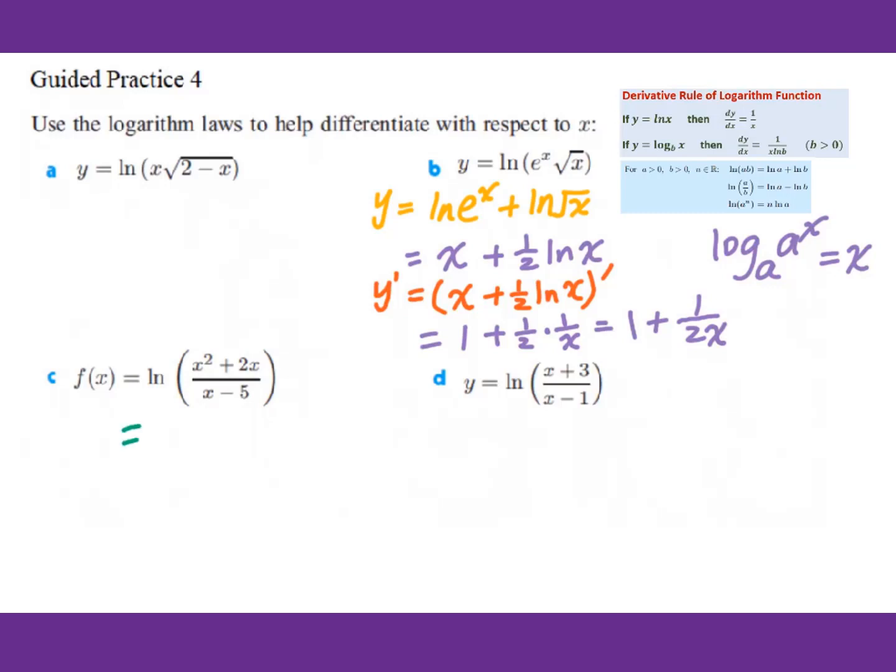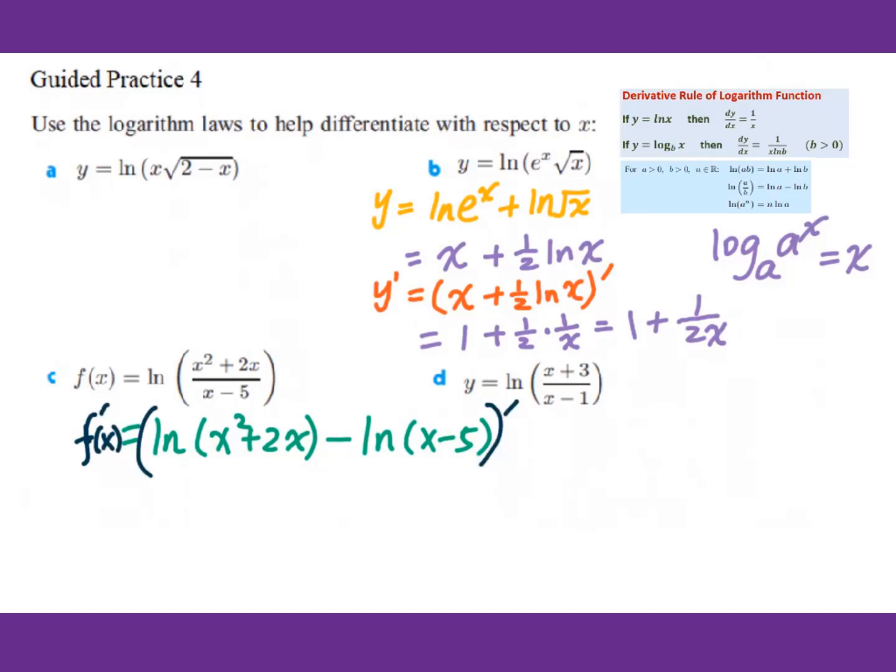First of all, we do the expansion. Natural log of x squared plus 2x minus natural log of x minus 5. Therefore, derivative of fx equals the derivative of this function.